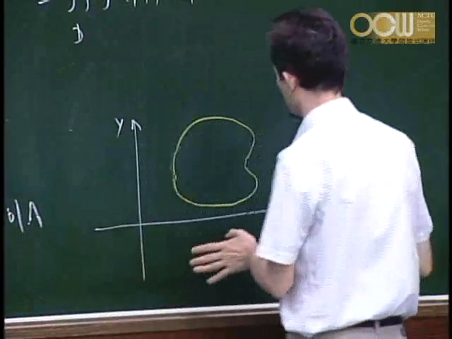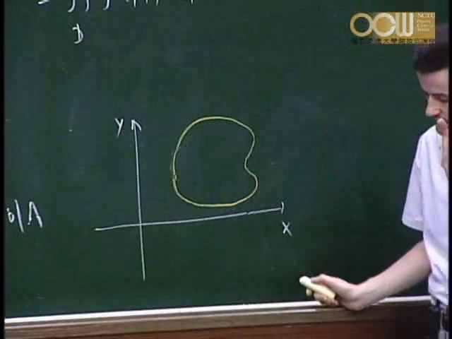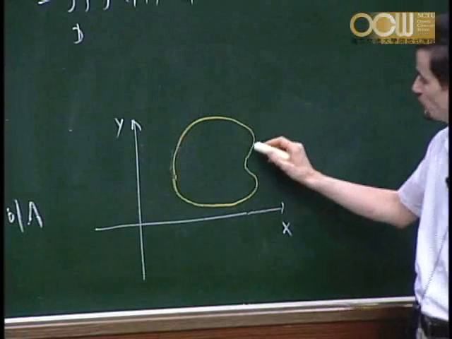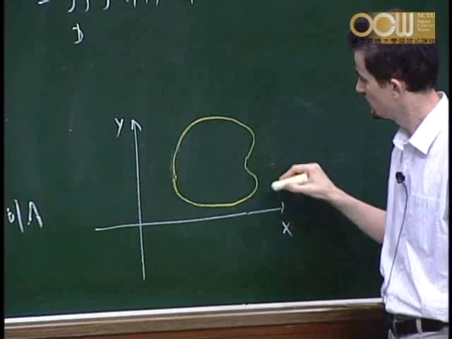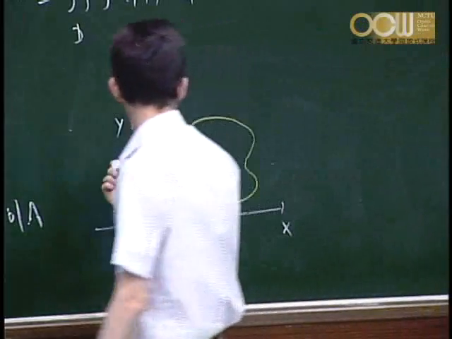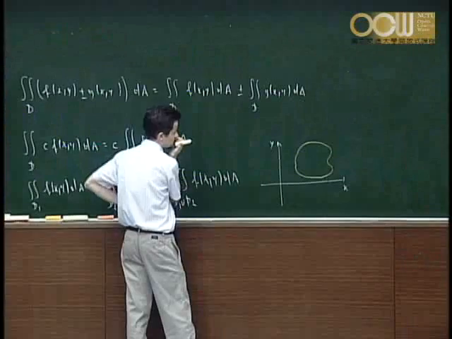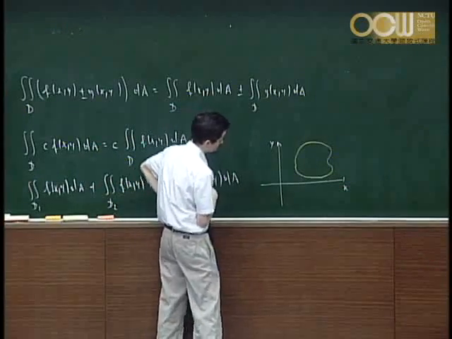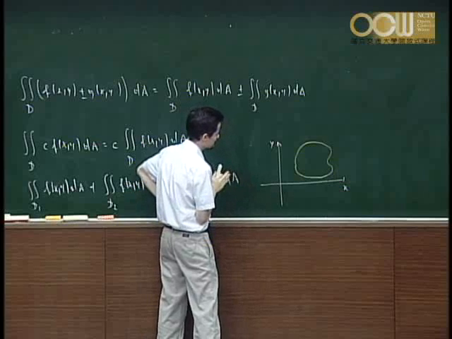This region is not type 1 because of this nose here, and is it of type 2? If I plot it like this, it is actually of type 2.